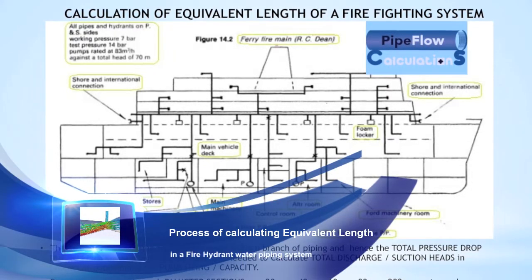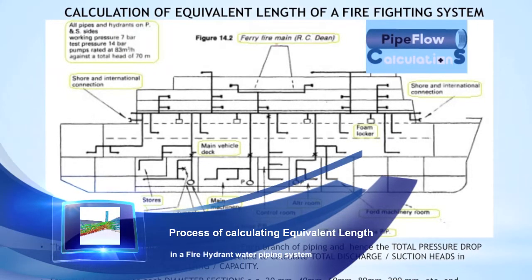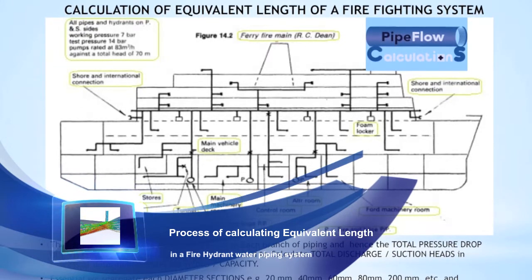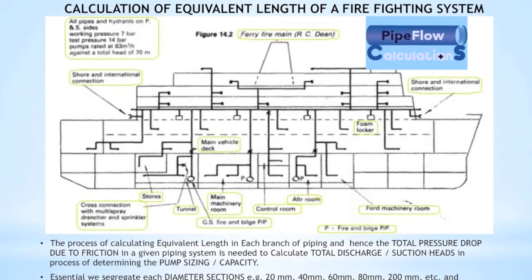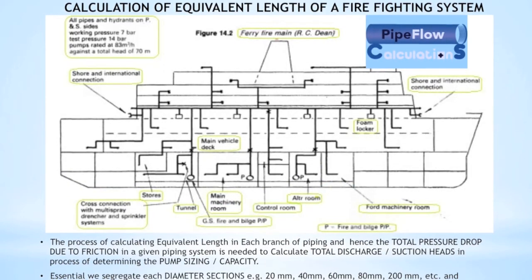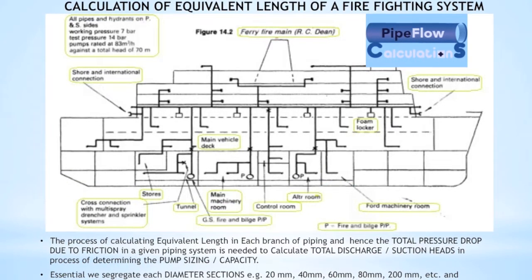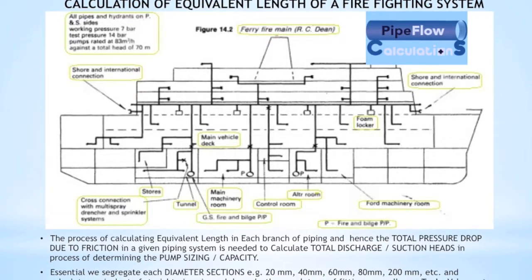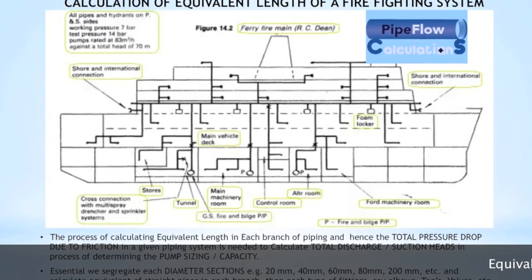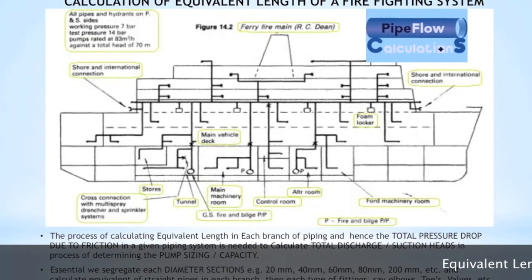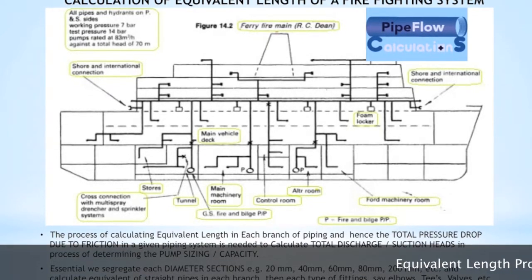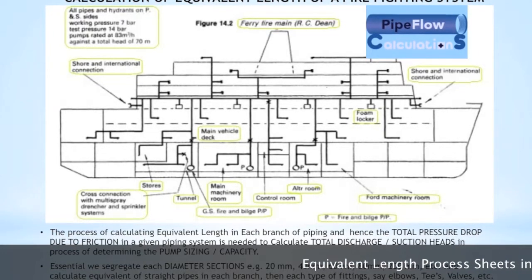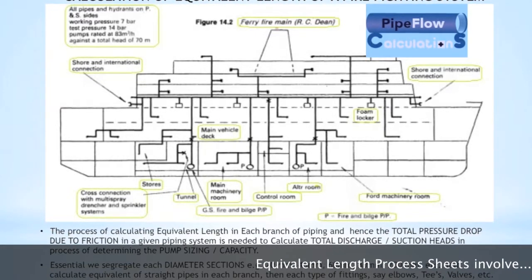Maybe there are some hydrants inside the machinery spaces, and then this is going and giving water to certain sprinkler systems on the various accommodation and other decks. And then you can see this is going into other hydrants right across the length of the ship, and there'll be a closest point from the pump, just putting water to some tank close to the pump, and the farthest point will be, let us say, the farthest hydrant wherever it's located.